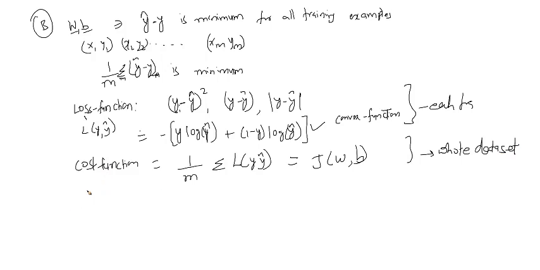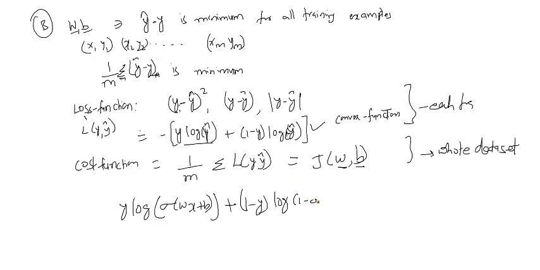But where are w and b in this equation? Remember, y hat is nothing but sigma of wx plus b. So we have y log sigma of wx plus b, plus 1 minus y log of 1 minus sigma of wx plus b.